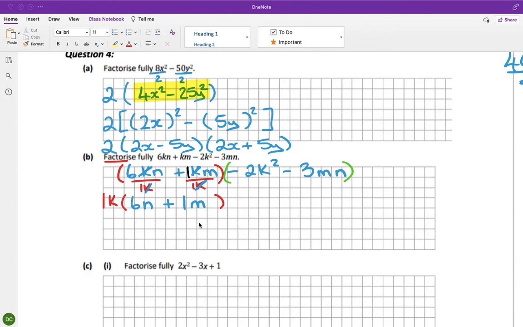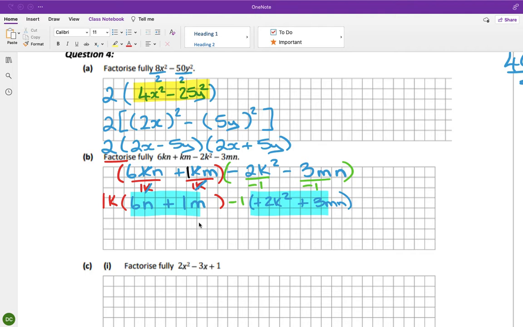So I don't really have anything common there. The only thing common would be minus 1. And if I divide by minus 1 and divide by minus 1, that's going to give me plus 2k squared and plus 3mn. So they absolutely don't match. Yeah, so that did not work.